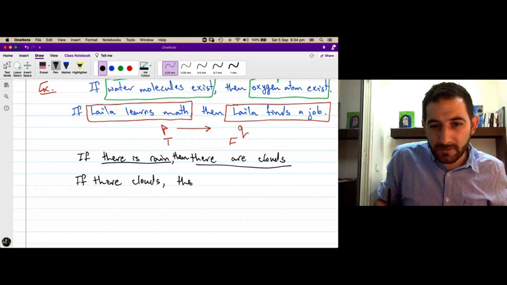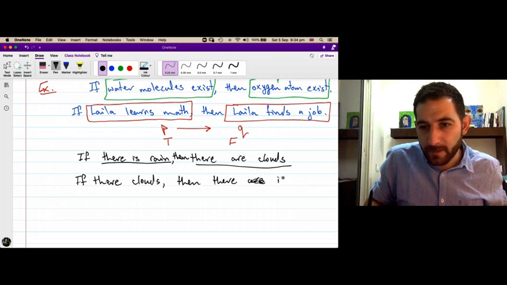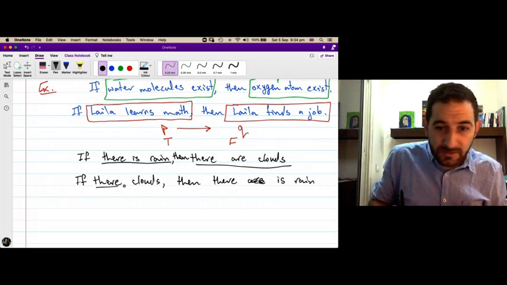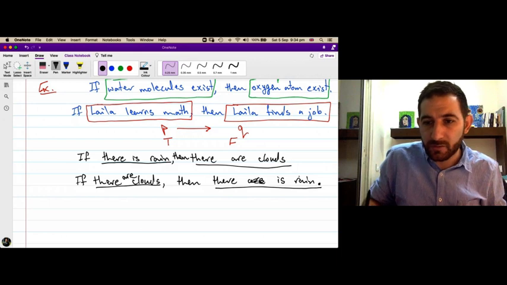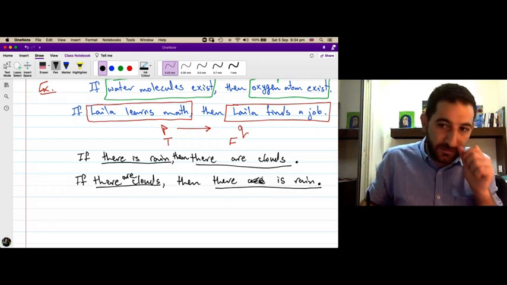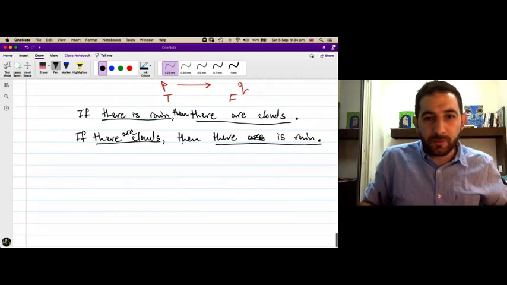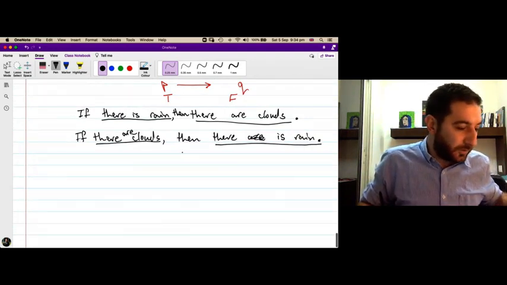So in this conditional statement, there are clouds is the hypothesis, and what is the conclusion? There is rain. We usually end our statements with full stops. Now you think which one is true, which one is false, or when one is true and when the other is false.